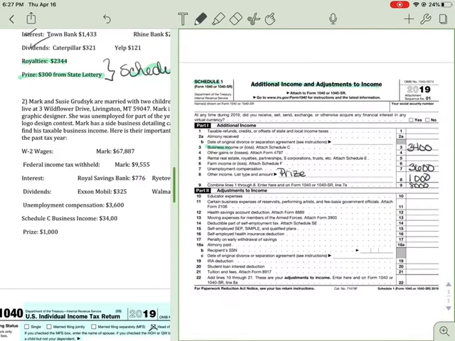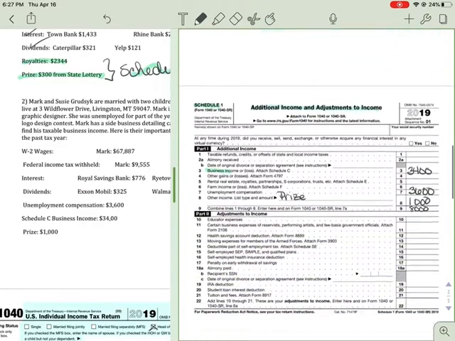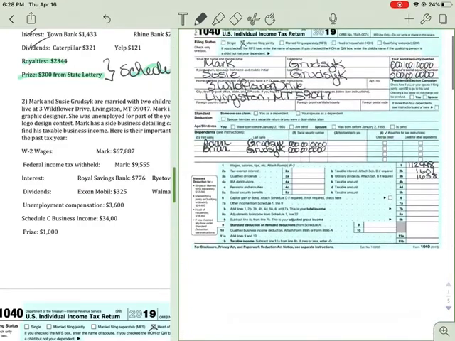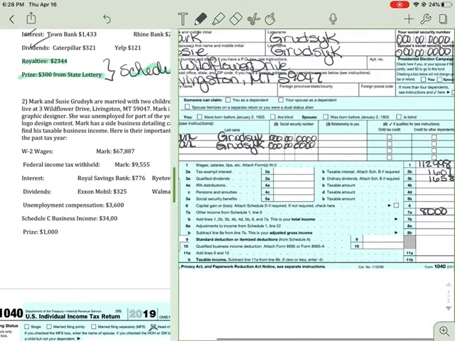Again, the whole point of the additional forms is to organize all the information so that you can take that number and put it back onto the original 1040 form. So this is going to go on line 7A. So 8,000 goes here.